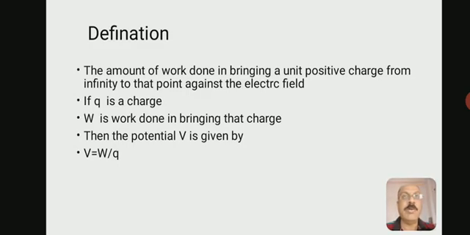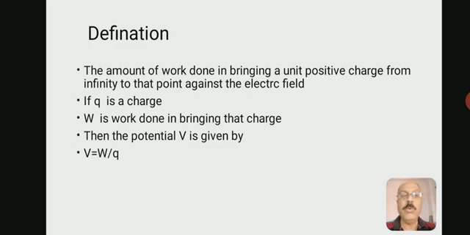Suppose you have a charge; around that charge a field is there, called the electric field, and you bring another charge from infinity towards it. The work has to be done, and that amount of work done is known as the electric potential.